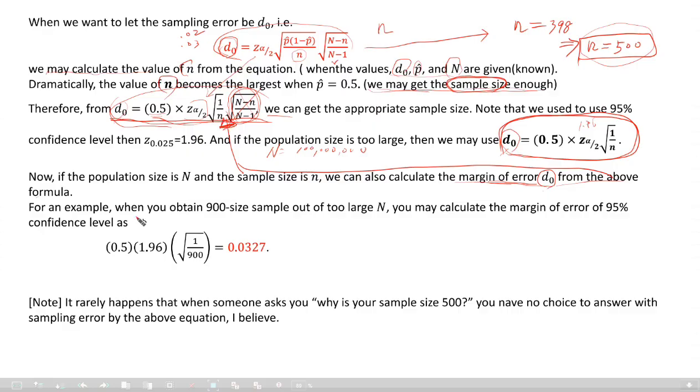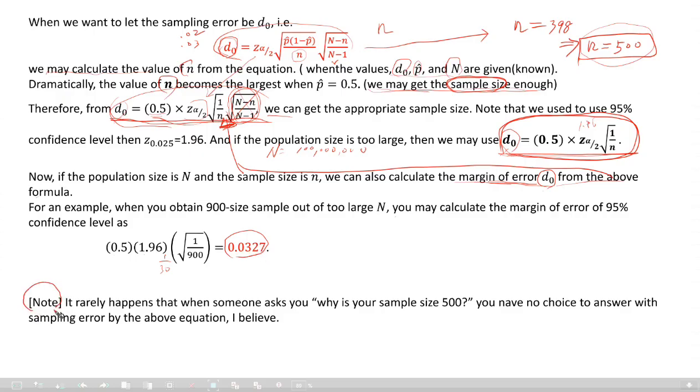For example, when you obtain a sample of size 900 out of a very large N, you may calculate the margin of error at the 95% confidence level as 1.96 times square root of 1 over 900. This is 1 over 30, right? So the value of the sampling error is 0.0327.